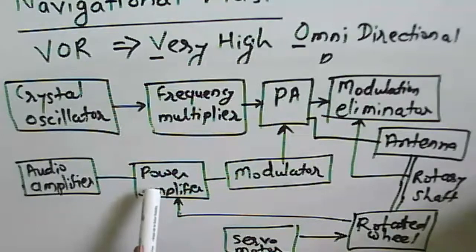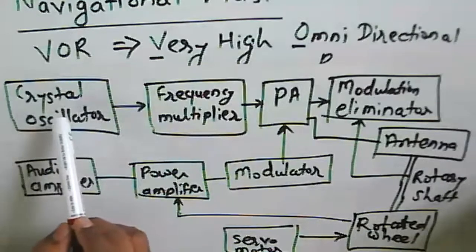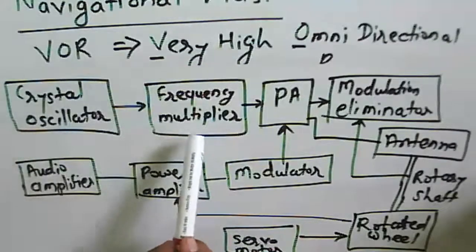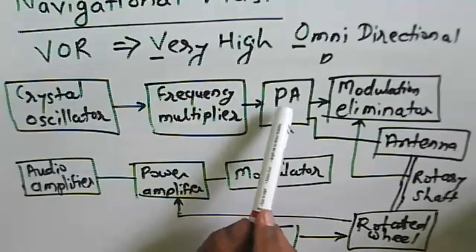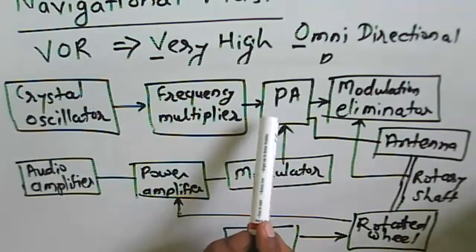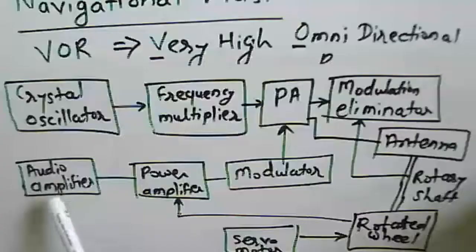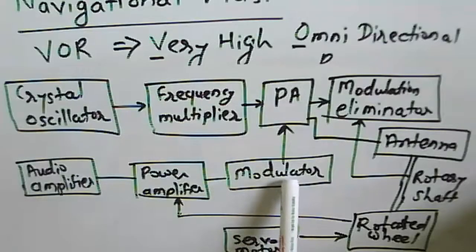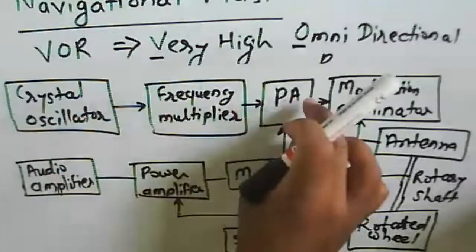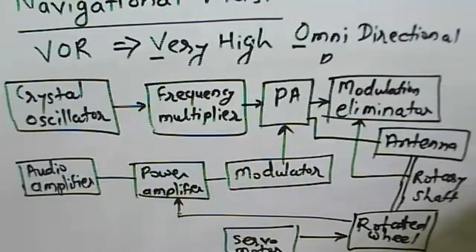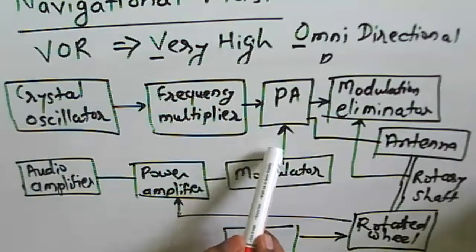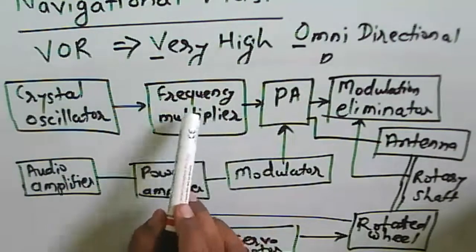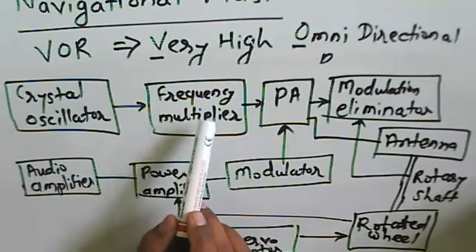Then another signal from the crystal oscillator will be given to the frequency multiplier, to the power amplifier here, and then the output of this audio amplifier will be given to the modulator. So you can say one input from here, one input here, and then the output of this modulator is given to the power amplifier, with the same signal frequency as this frequency multiplier.